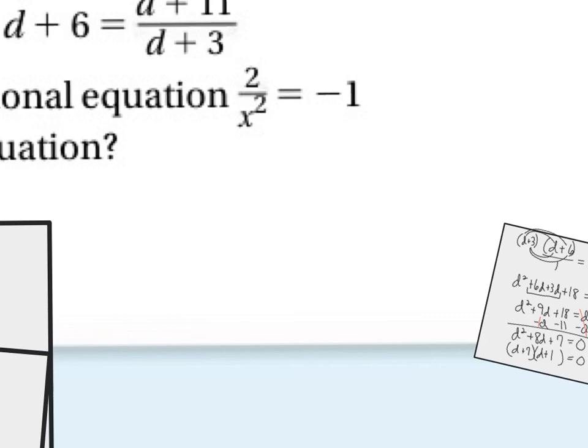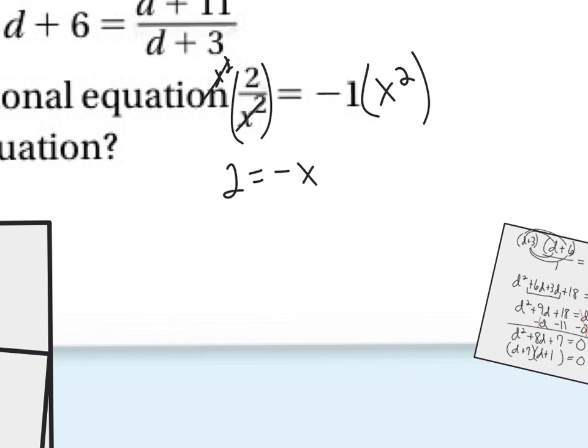Now, if you don't recognize that, if you were actually working this problem out, you could multiply by x squared on both sides, and you get 2 equals negative x squared. What's different on this problem is we just have a squared term and a constant. We don't have just an x term. So in this case, there are different ways you could do this.